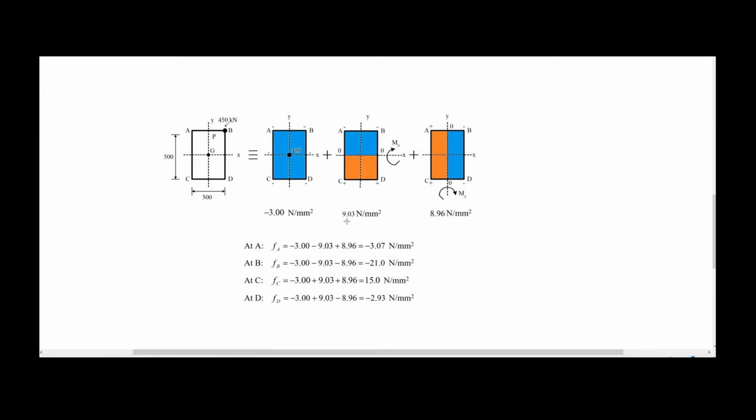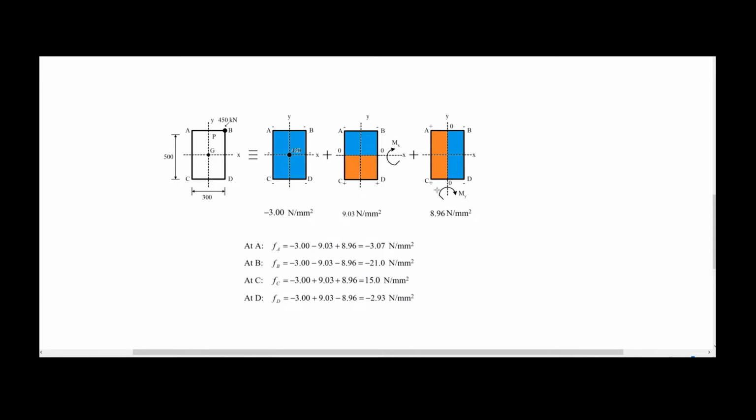We know that this value is an absolute value, so it's going to be positive 9.03 at the bottom of the cross section and negative at the top of the cross section, where we are going to have minus 9.03 Newton per square millimeter.